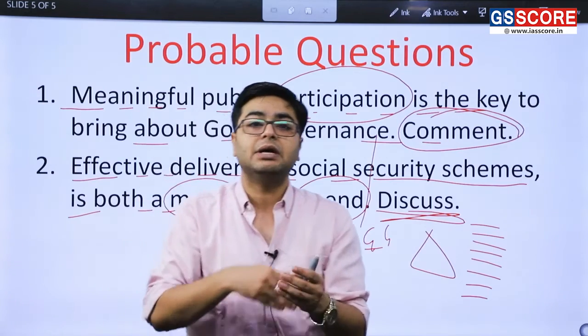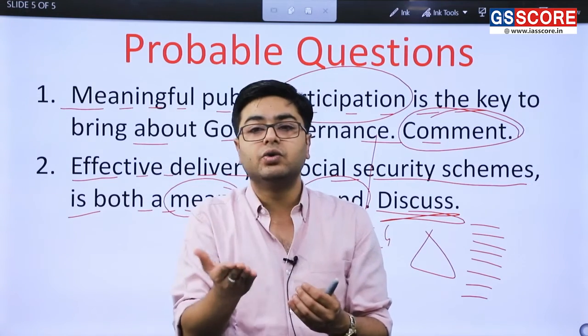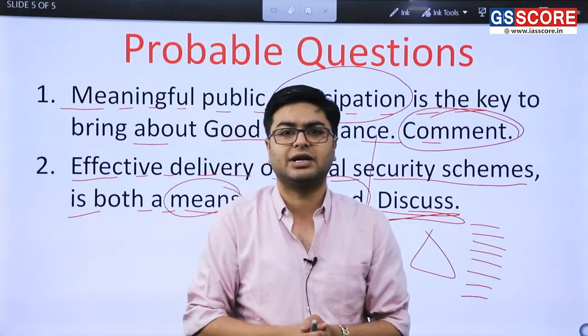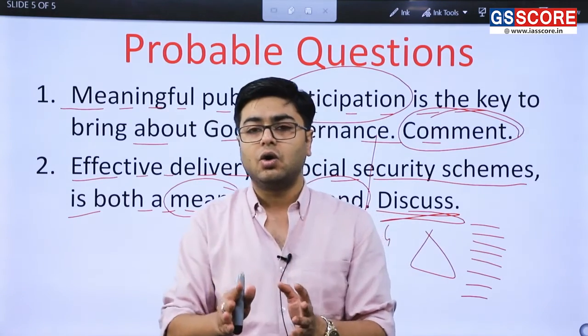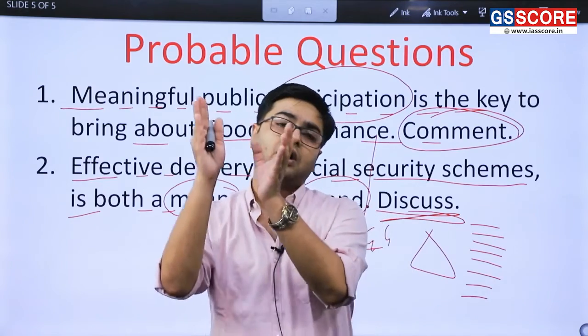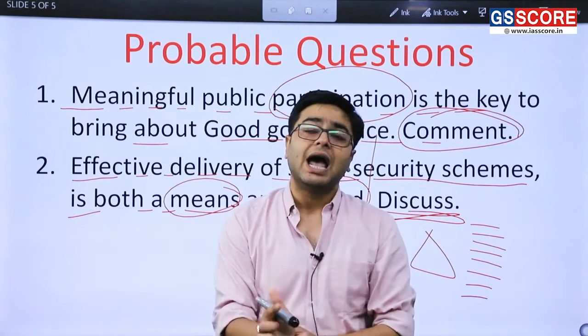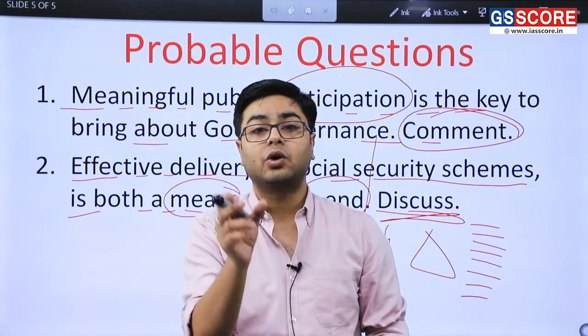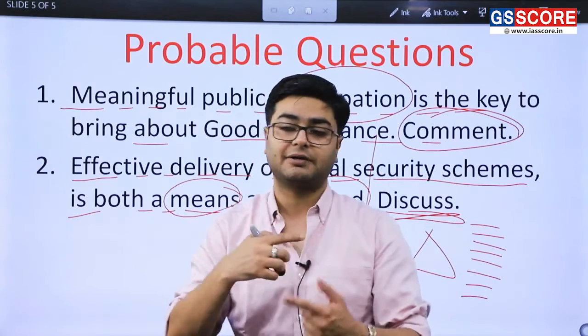At the same time, it will lead to you writing arbitrary answers, which will not be very marks fetching, let me tell you that. So this approach of question to concept helps you trace the question back to its core concept. It trains you for that.